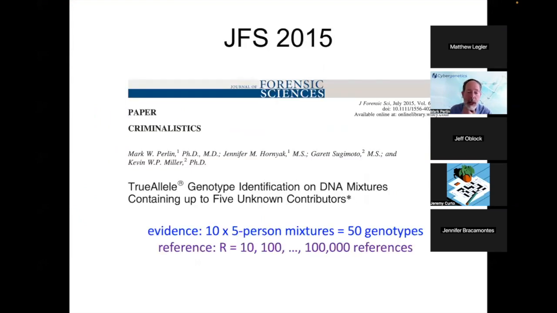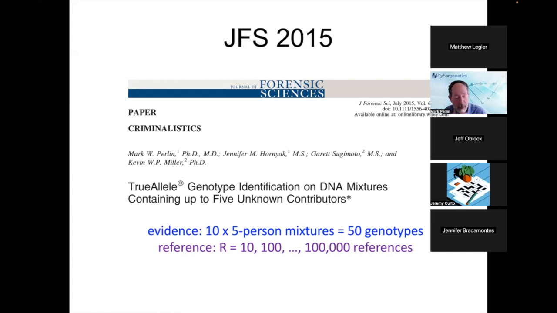We took this data from a paper with Kern County, Garrett Sugimoto and Kevin Miller, Jennifer Horniak was involved, published 10 years ago, 2015, looking at up to five unknown contributors. So here, for evidence, we just took the 10 five-person contributors, which gave us 50 genotypes with a wide range of match statistics.